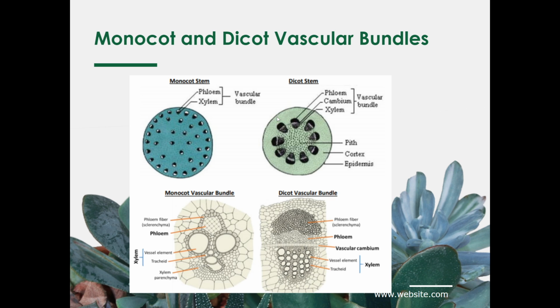In this case, in the actual stem, we're going to see a pith in the dicot and none in the monocot. If we take a close look at the phloem and xylem in the monocot and dicot, they look different. For the monocot, it kind of looks like a monkey face. For the dicot, it looks kind of like a mushroom.